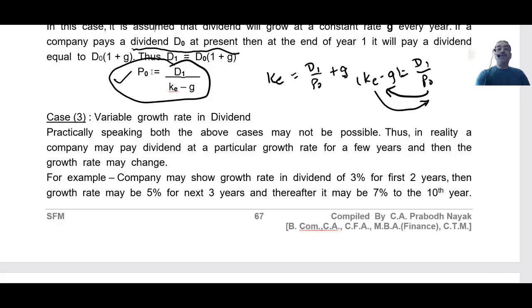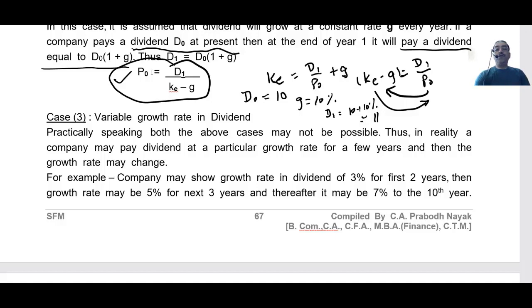Then to calculate D1, because D1 is the dividend at the end of the year, D1 is equal to D0 into 1 plus G. So if I am told, for example, that the amount of dividend paid D0 is equal to say 10 and the growth rate is equal to 10%, then D1 will be equal to 10 plus 10%. That is equal to 11 rupees.